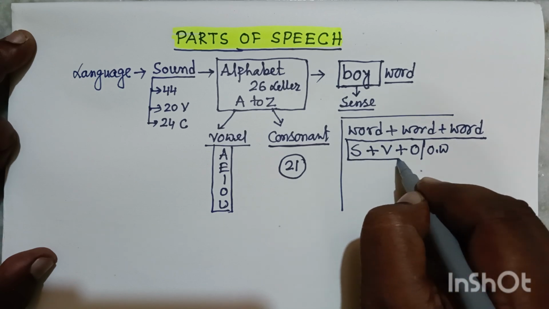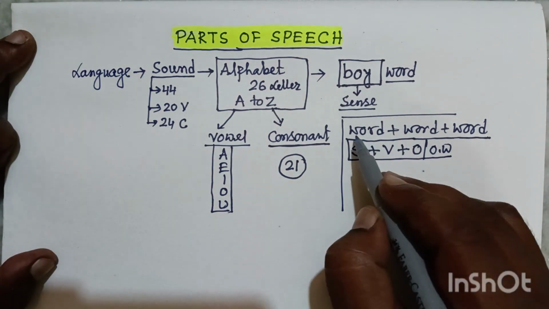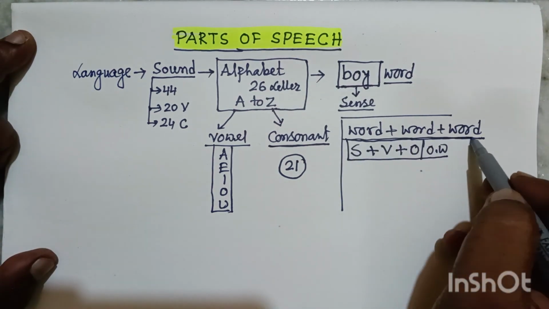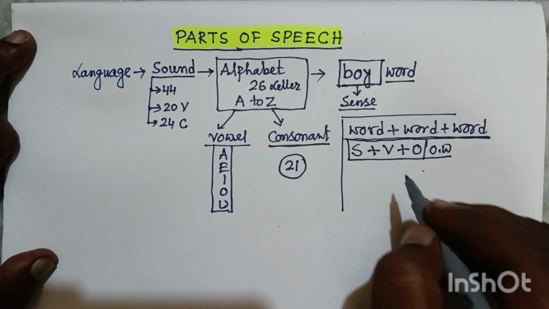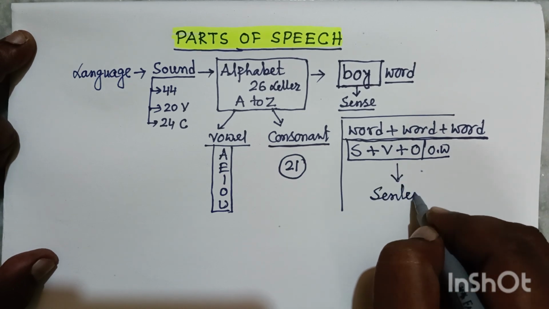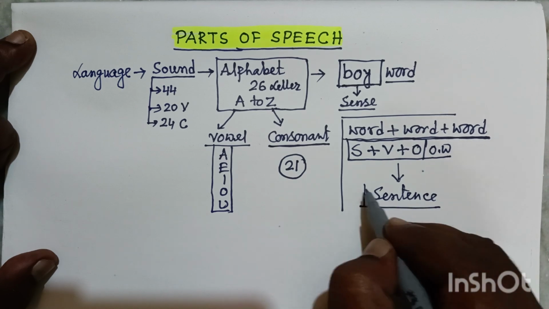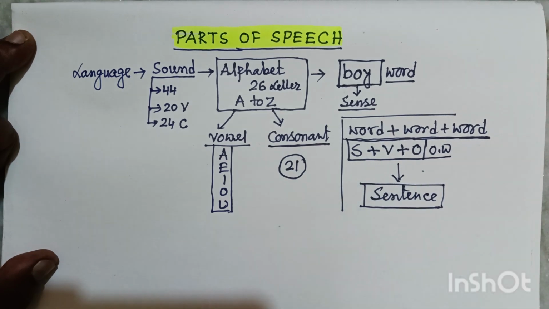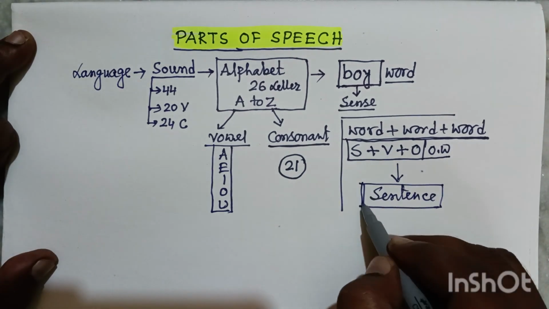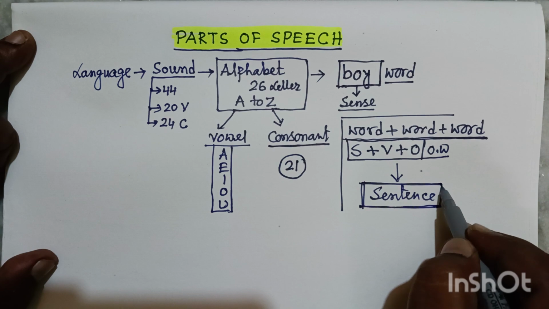And whenever this group of words conveys a particular sense or a particular meaning, that is called a sentence. And we use this sentence in our writing or in our speaking. Everywhere these sentences are used. This is the basic thing.